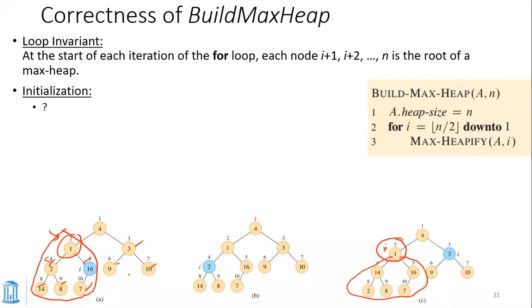Yeah. All children of whom? So are you saying that this guy is also a max heap? That the entire thing is a max heap? That doesn't sound like a loop invariant. A loop invariant says that at the beginning of every loop, you want to say something which is going to be true for that loop, and then you've got to do the maintenance and so on. Yes.